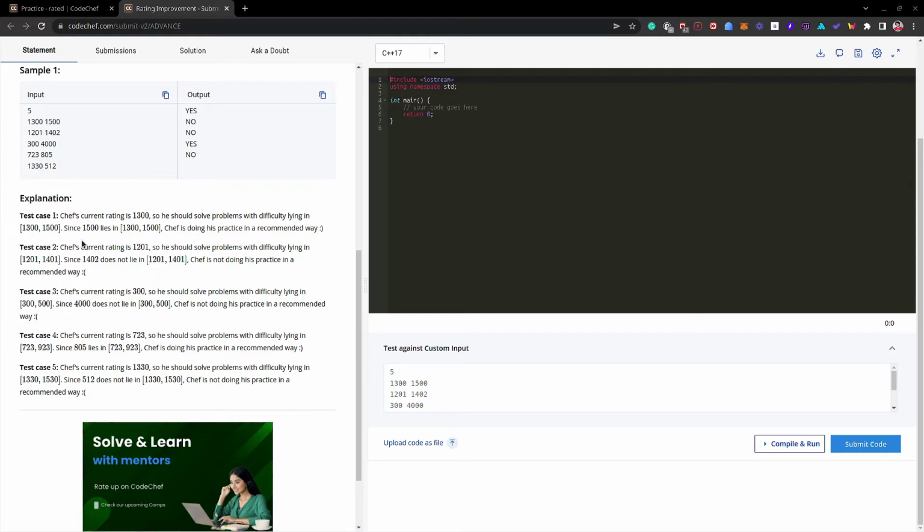Okay, that's nice. Let's check one. No, chef's rating is 1201, so he should solve problems with difficulty lying in 1201 to 1401, and it doesn't lie in that range. Okay, we have to take two inputs and check if the second number lies between the first number and the first number plus 200.